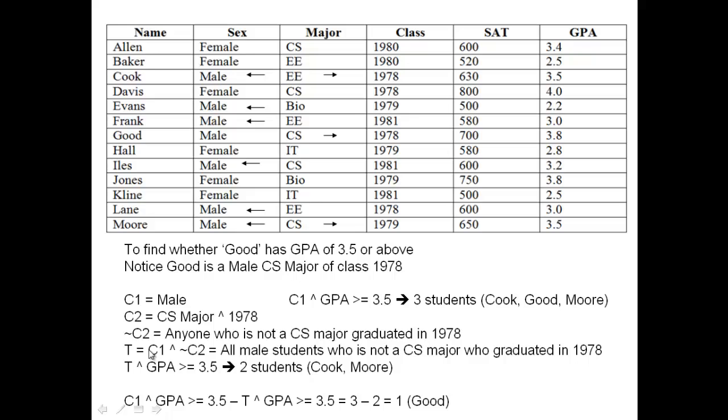So C1 and GPA of 3.5 above, which is these 3 students, minus the tracker and GPA of 3.5 above, that is 2 students. So 3 minus 2 is equal to 1. Which means that student by name Good has GPA of 3.5 above, because we get this one based on the filter.